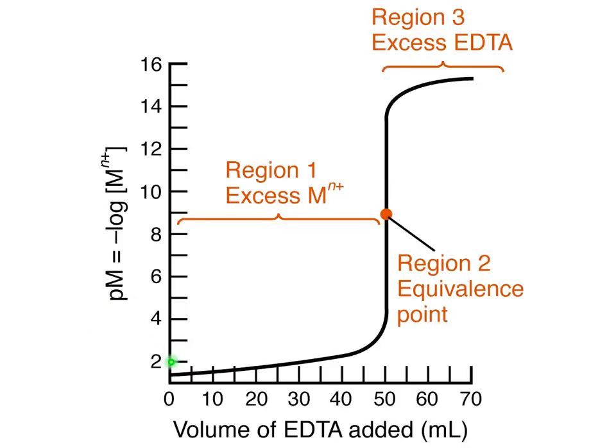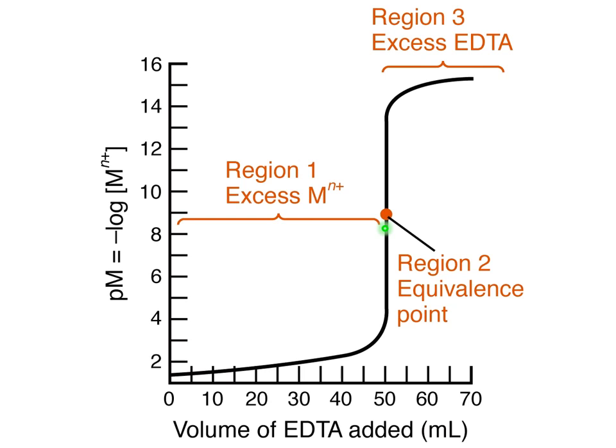Why you need conditional constant? Because it allows you to say if titration possible or not. In general, the rule is that you need conditional constant at around 7 or better 8 to have reasonably possible titration conditions.